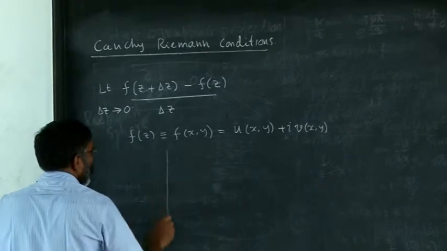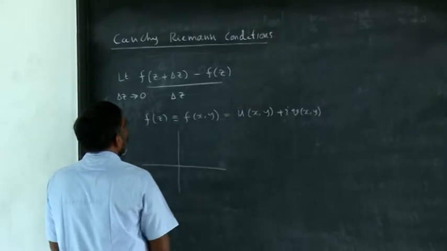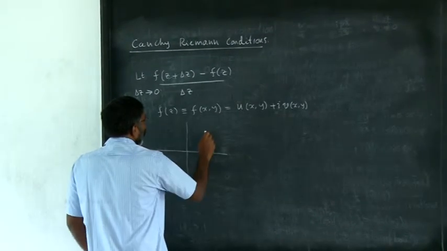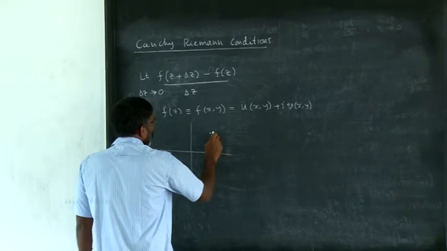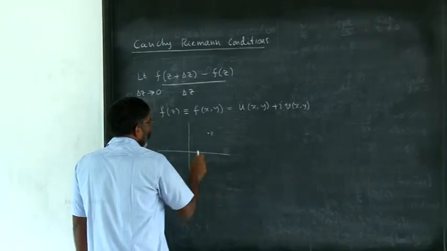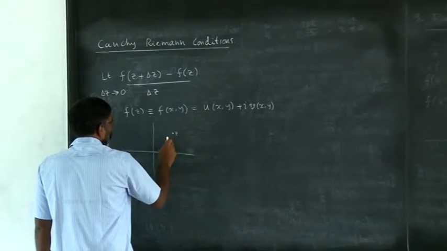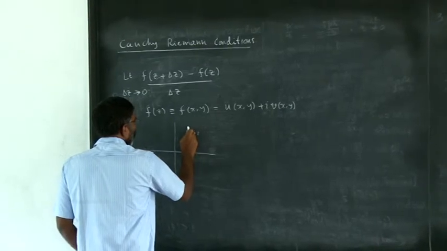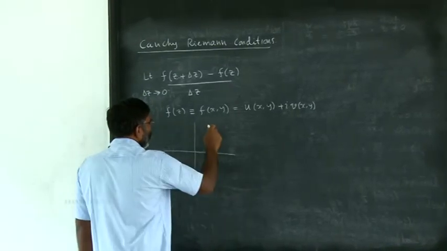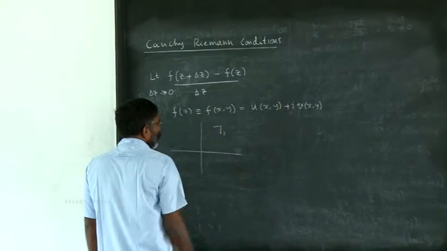In the complex plane, if you have any arbitrary z, you can go to this z from any direction. One direction is, let's say this is your delta z, you can go to this limit in this way.